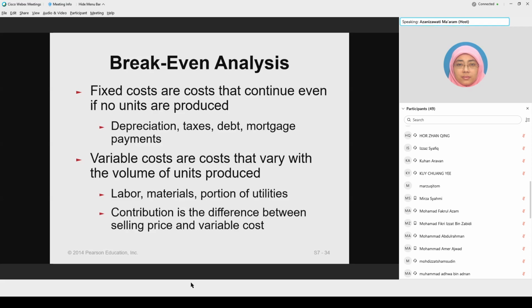Similar with portion of utilities. You need the electricity. If you produce 200,000 units versus 500,000 units, of course the utilities for 500,000 units will be increased. So the contribution is the difference between selling price and variable cost.